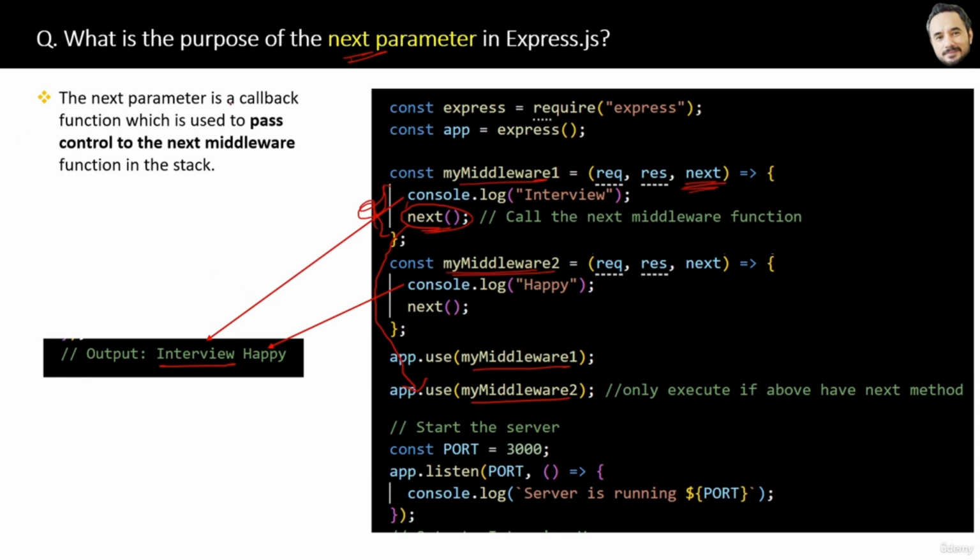The next parameter is a callback function which is used to pass control to the next middleware function in the stack. Again, this next function is an inbuilt function present in the Express framework. That's why we use the Express framework. It provides so many things that we sometimes don't even know how many things it is providing to us. Great, that's the answer to this question.